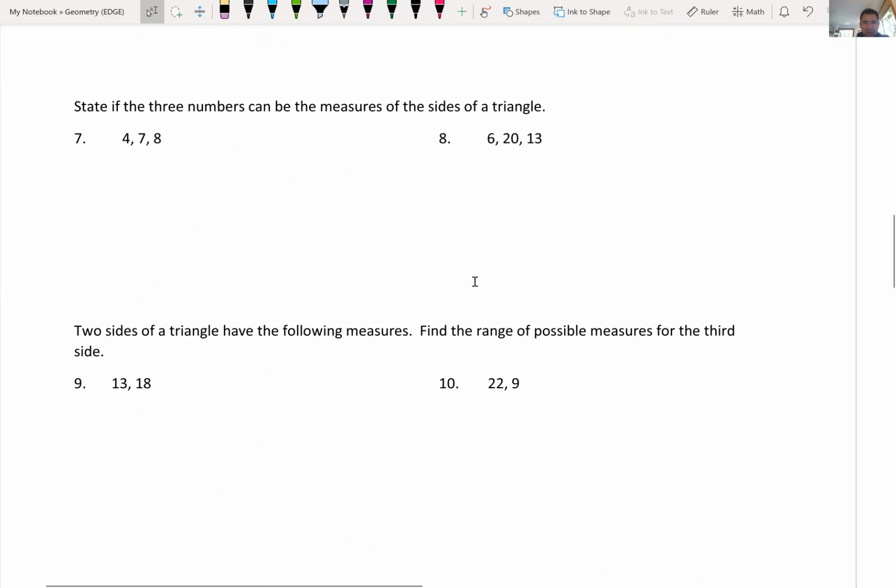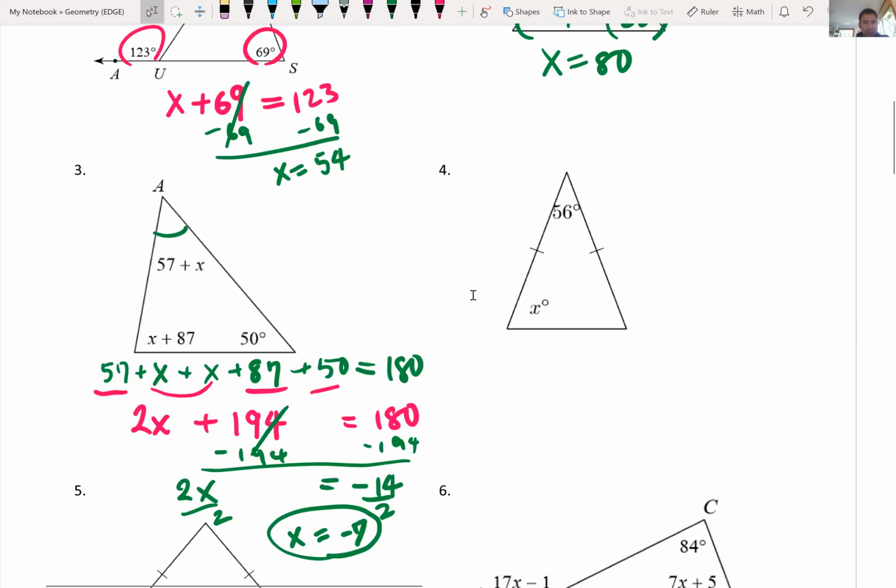I think we should be able to finish fairly quickly. How about number 4? Maybe 1 minute.